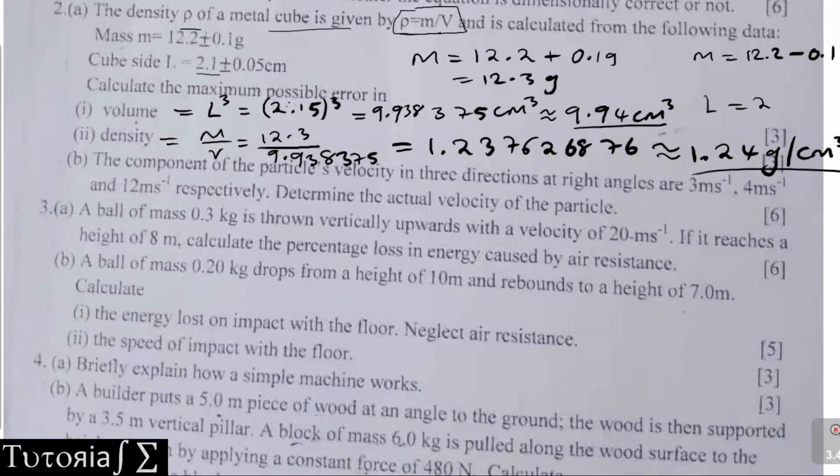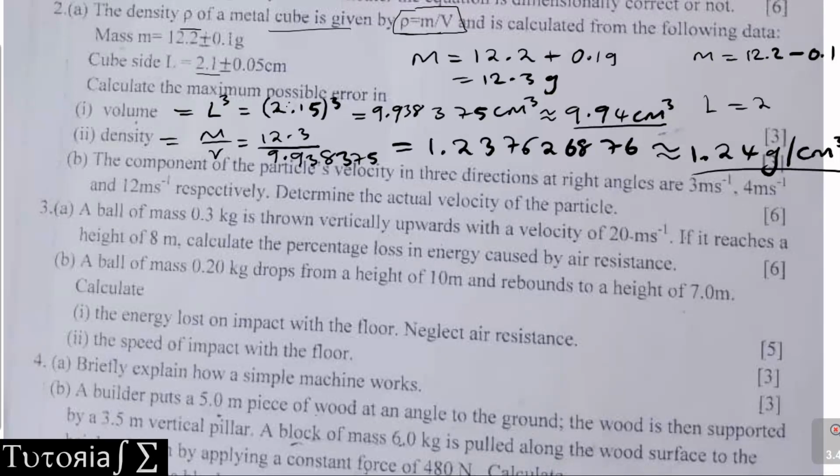Okay, then components of the particle velocity in 3 dimensions at right angles that respectively determine the actual velocity. So this is a planar problem.